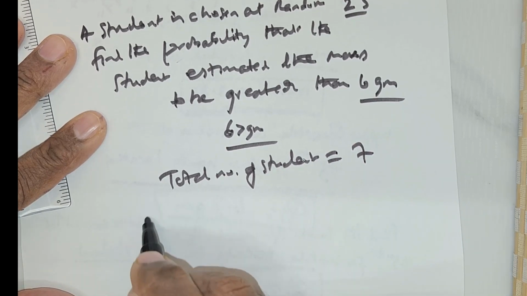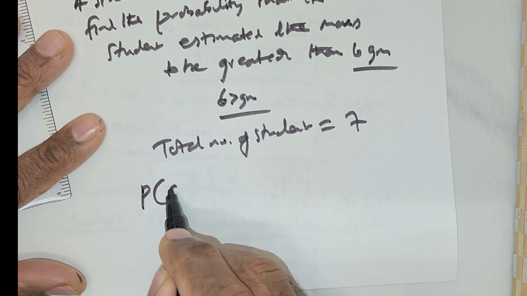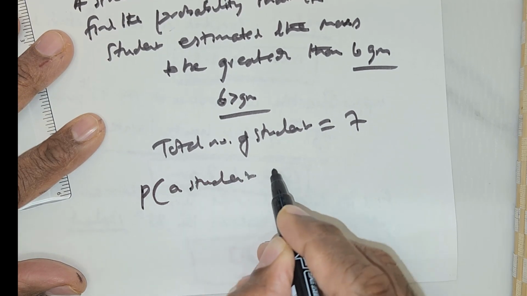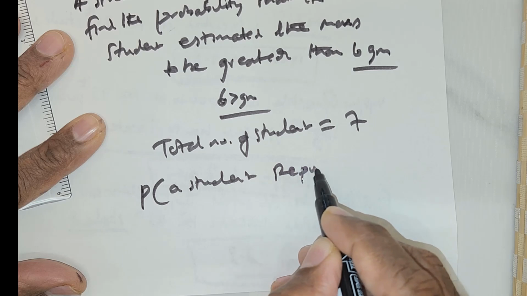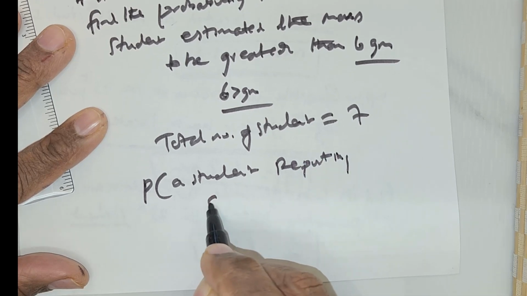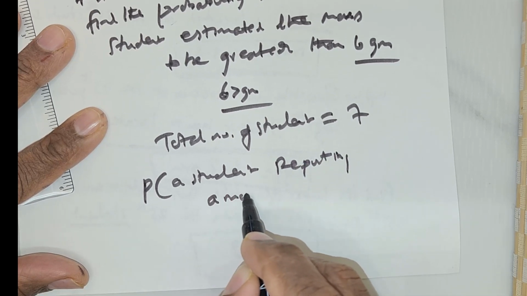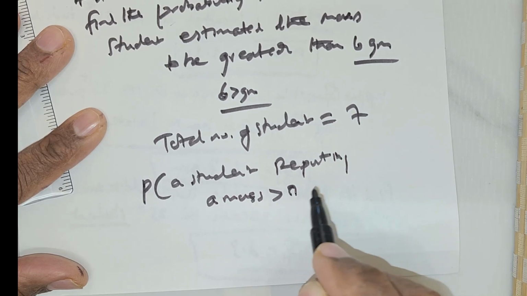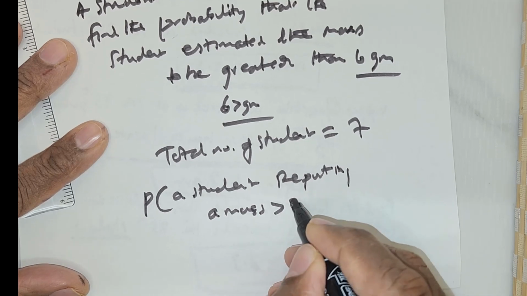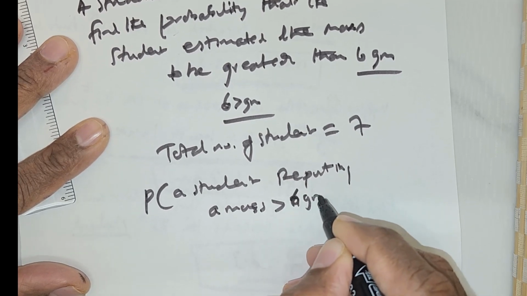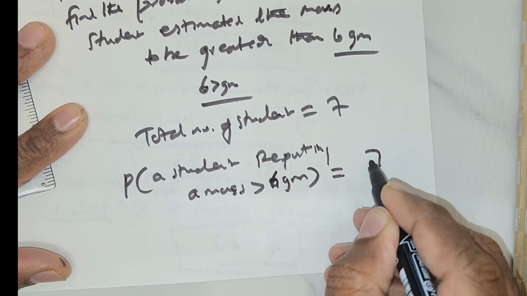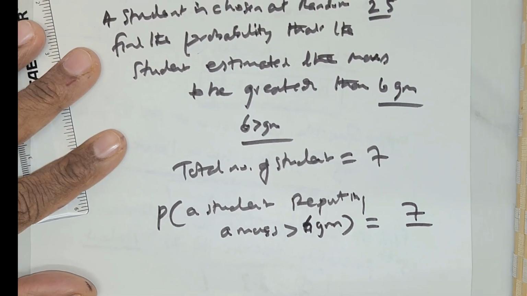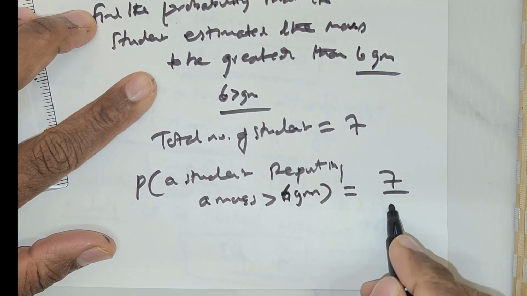Now we want this probability. So the probability of a student reporting a mass greater than 6 grams. What is that going to be? The number required is 7, and the total number of students given is 100.